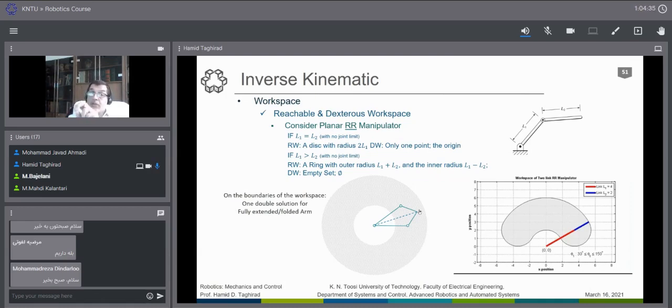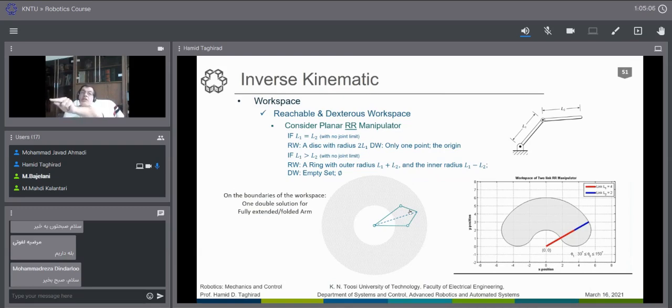Not only because it is at the boundary, it has some other issues which depend on the velocity or the direction that we can go. Let's talk about the direction. Suppose that I am fully extended, at the double position.